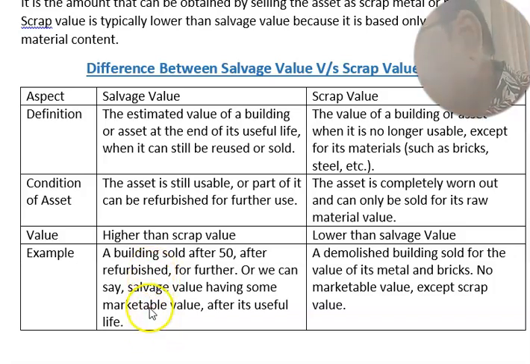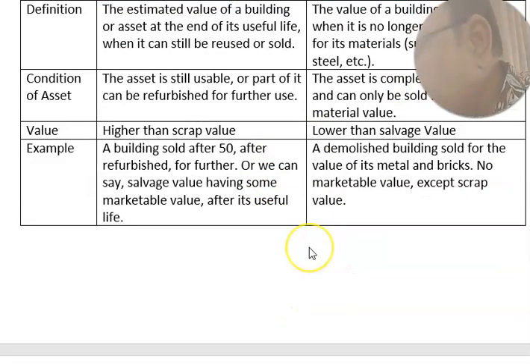That building can be useful to a buyer. He can refurbish the building and use it a further 5 years, 10 years as per its balance useful life. A demolished building sold for the value of its materials like bricks has no marketable value except scrap value. This is the difference between salvage value and scrap value.